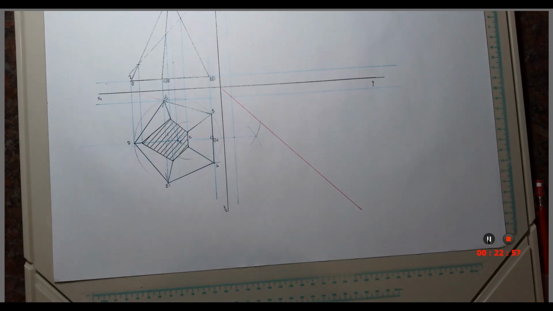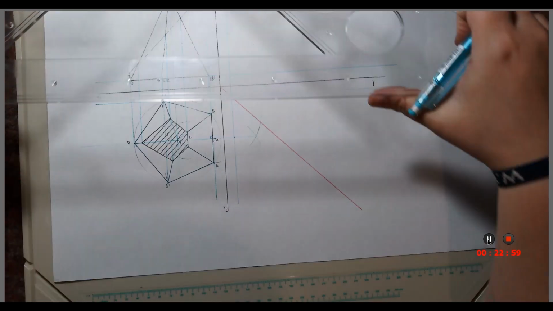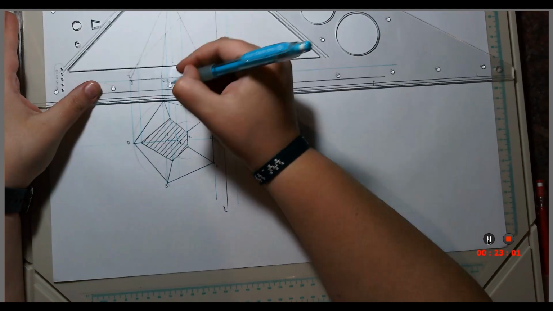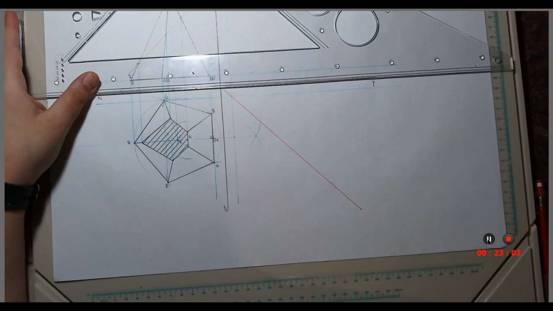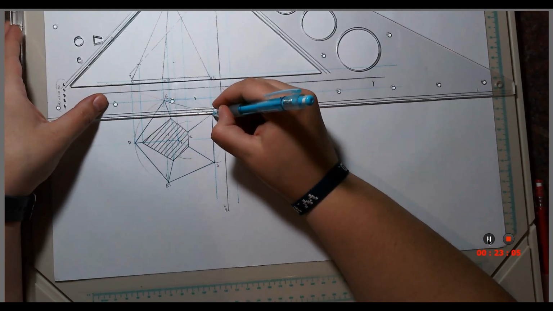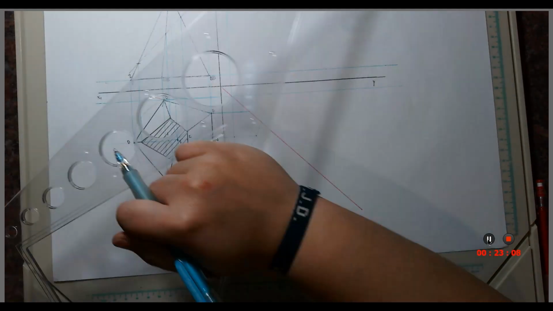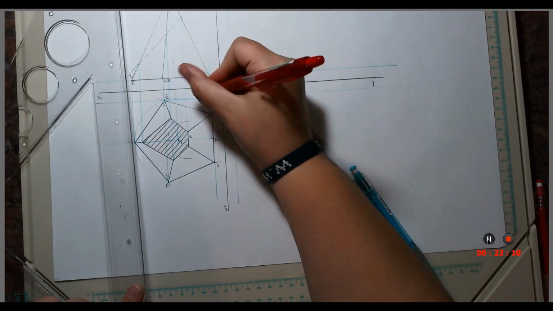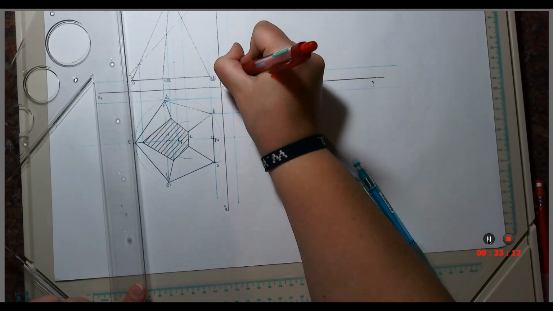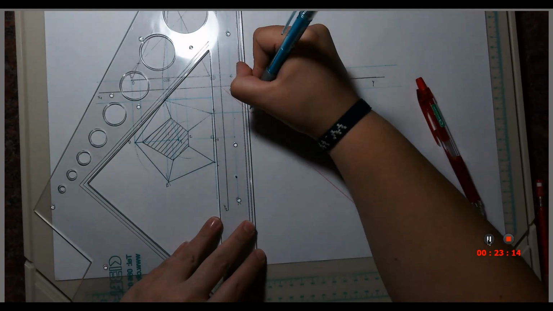Right, then to get the left view, I'm going to first take all my base points. C is already on my 45-degree line. B, this is C, B, take it up.